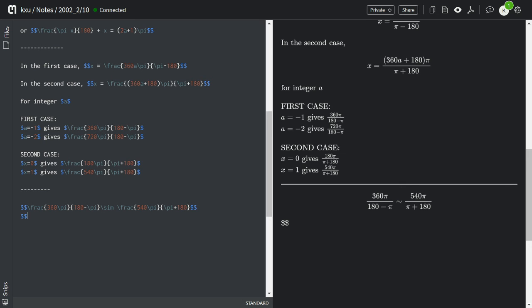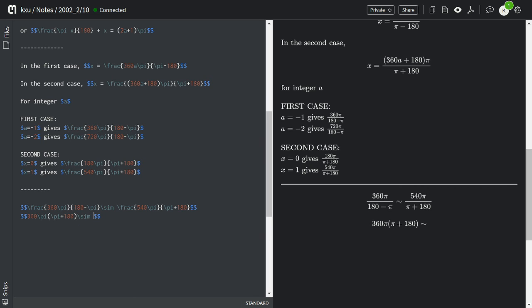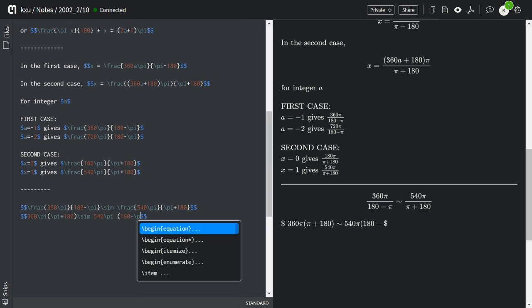Cross multiply, we get 360 pi times (pi plus 180) compared to 540 pi times (180 minus pi).